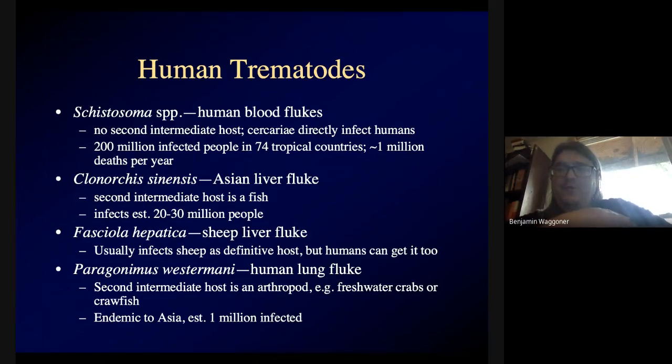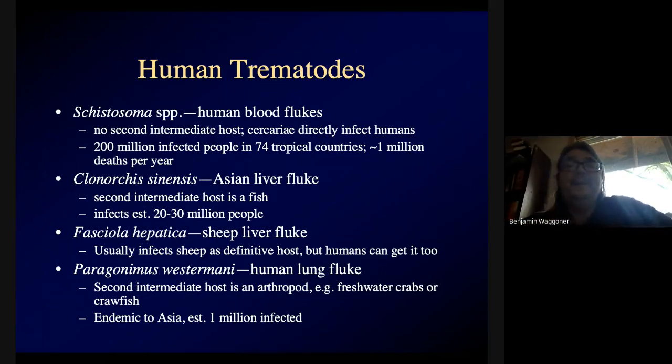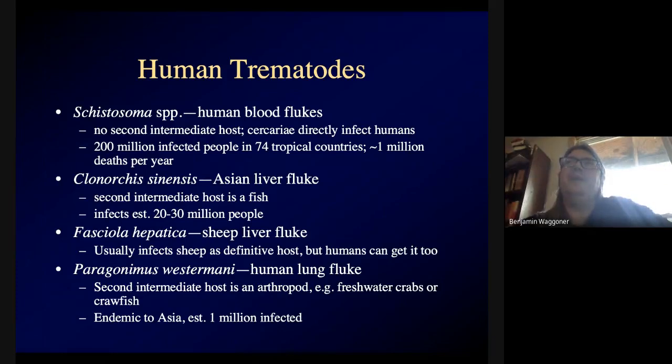So if you have ever gone swimming in the old swimming hole or Lake Conway or Lake Beaver Fork or anything like that, if you've ever gotten out of the water and ended up with a bit of a rash, that might have been caused by cercaria of aquatic flukes trying to burrow into you.